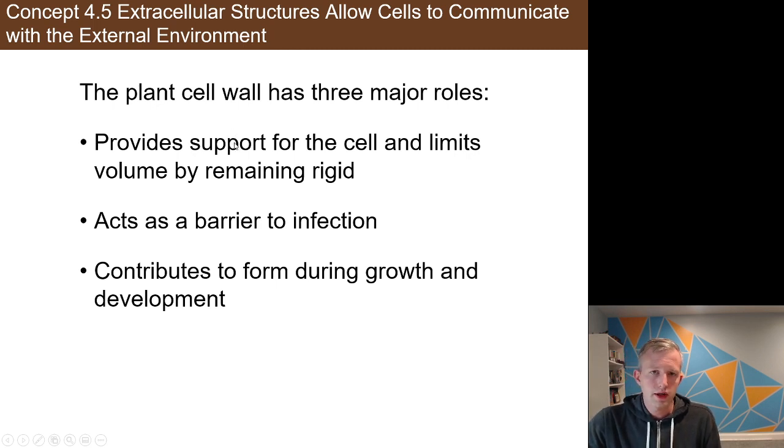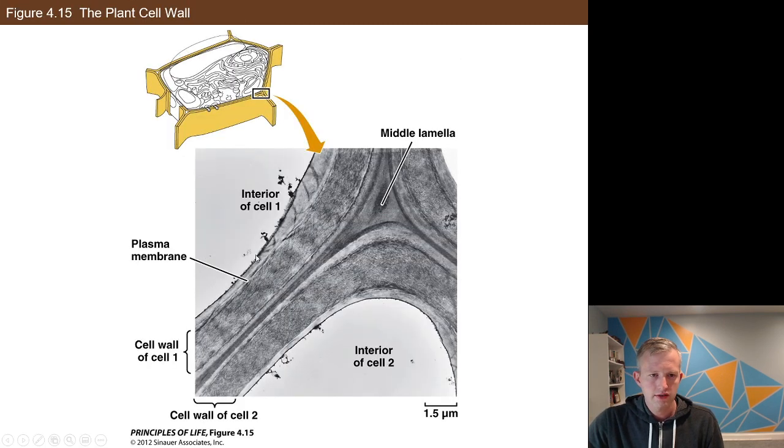Plant cell wall, I think we primarily understand it's providing support. Cells in a plant undergo a lot of stress and strain from the weight of the plant itself, and so they can help that cell to maintain that shape despite those pressures. It also acts as a barrier to infection, so the cell wall actually has lots of holes in it. You could kind of think of it as a bit like a Swiss cheese.